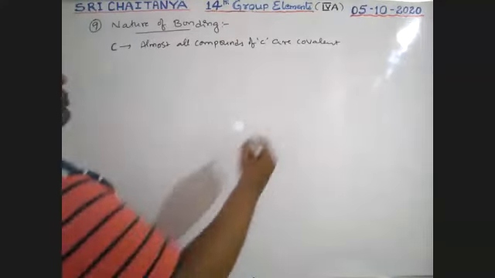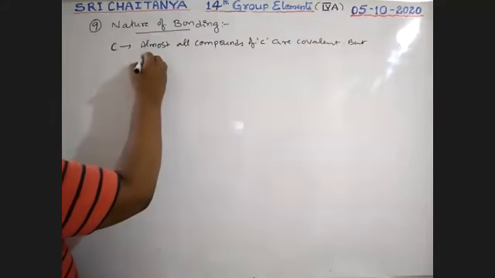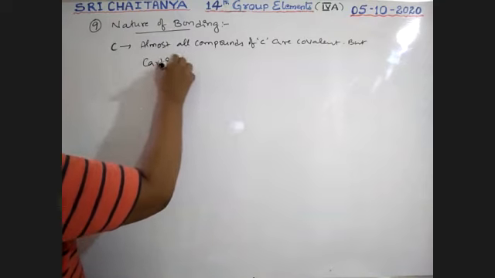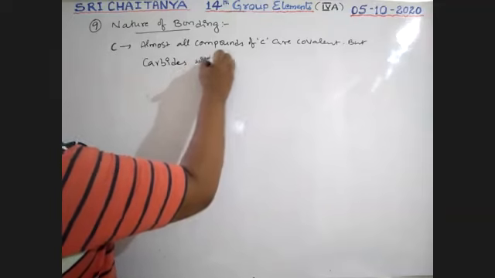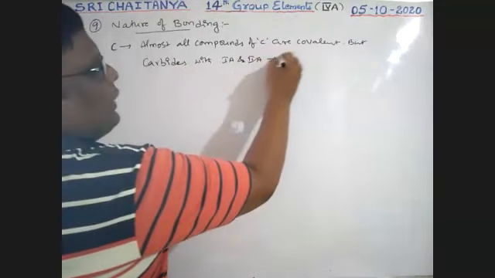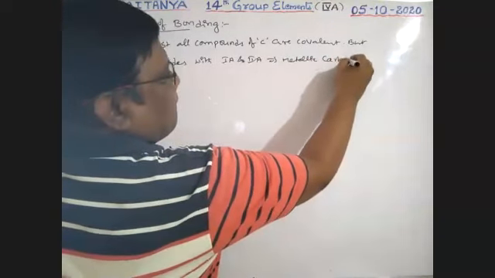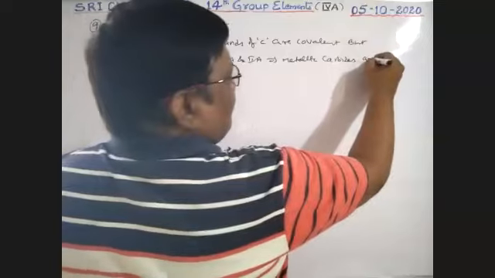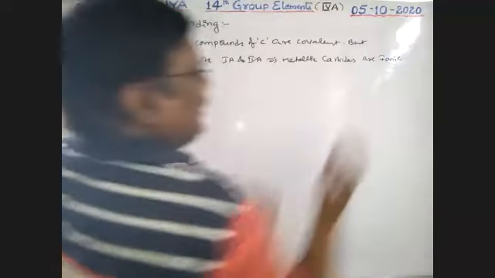But there are carbides with 1A and 2A metals, nothing but metallic carbides, which are ionic.